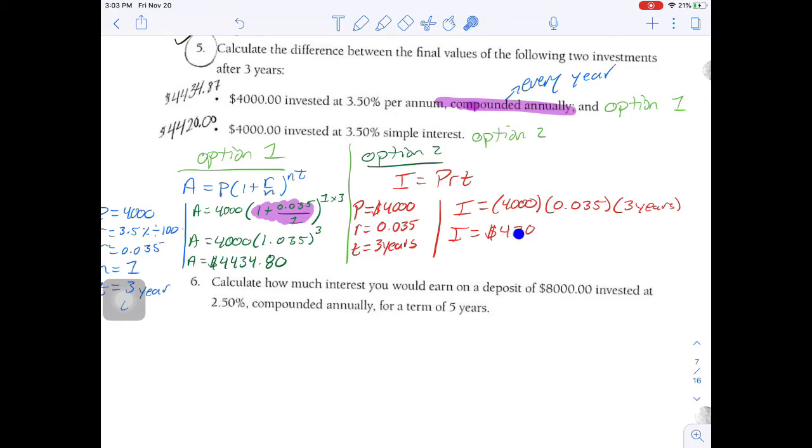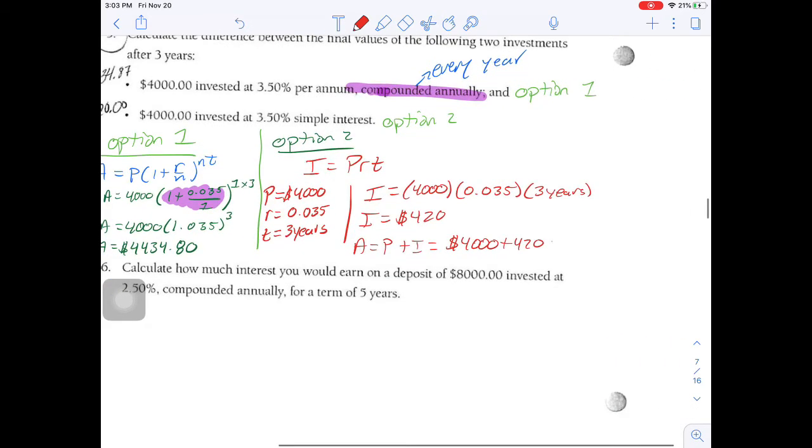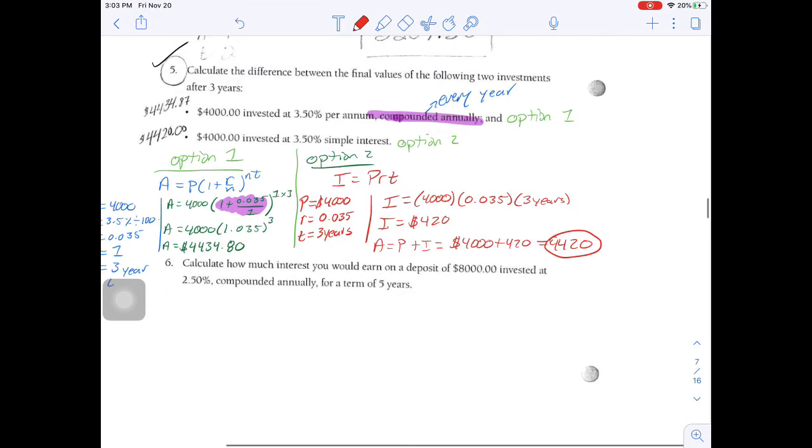So to figure out what our investment is worth, we use A equals P plus I, so we do 4,000 plus 420. So we actually have $4,420. And if we look here, which investment's obviously better? Well, this one's clearly better, okay? We've made about $15 more in the 3 years than we did with the simple interest.